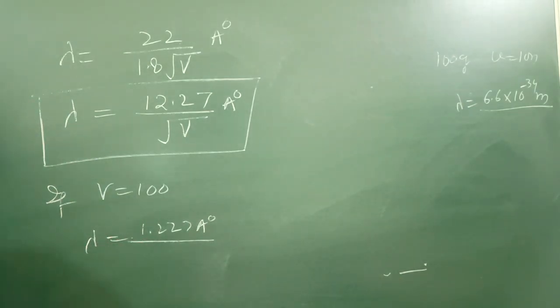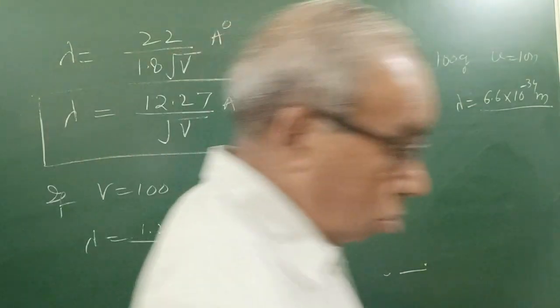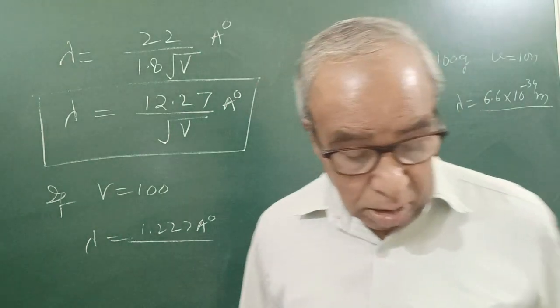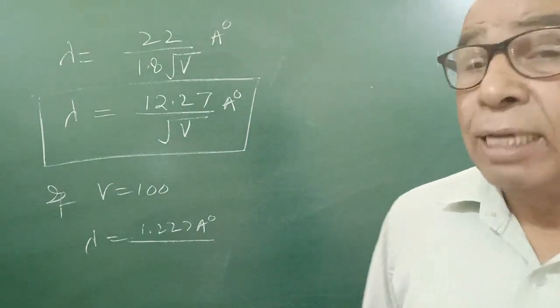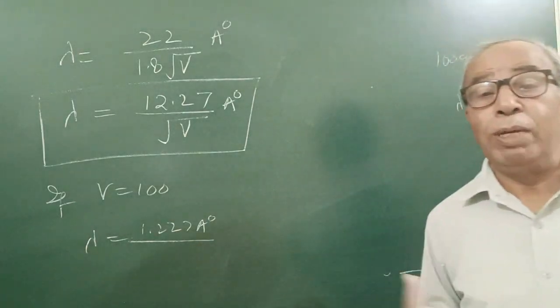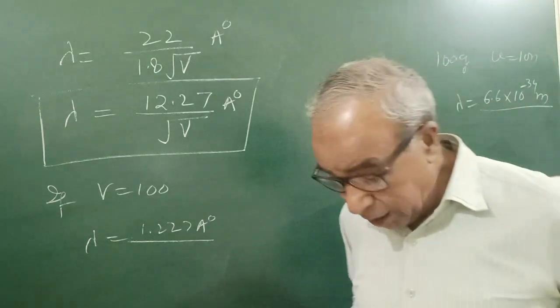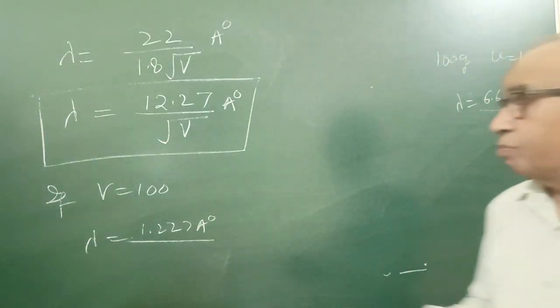This is the wavelength of, you can say, X-rays or gamma rays, and this distance is equal to the distance between atoms of crystalline solids, which we have measured using Bragg's law of X-ray diffraction.